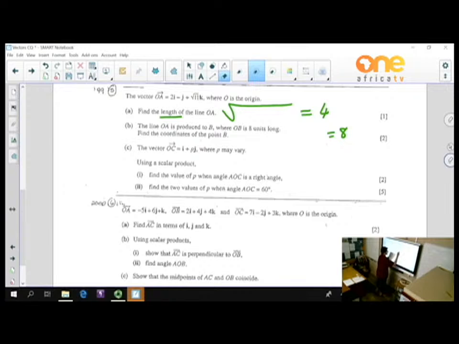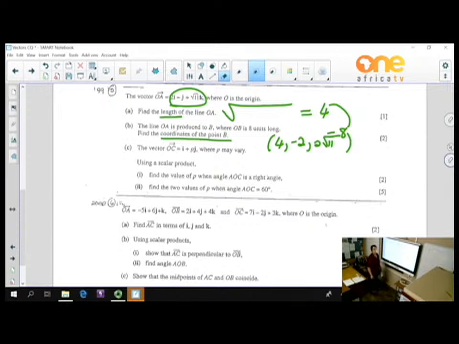So it will then be 4, negative 2, and then 2 square root 11. So because this one is twice that length, that's where I get the 2 from. I multiply all these values by 2. That's how we get that answer, because I have to get coordinates. Read carefully. Do they ask a vector? Do they ask coordinates? On your level, on higher level, you won't get marks if you don't adhere.